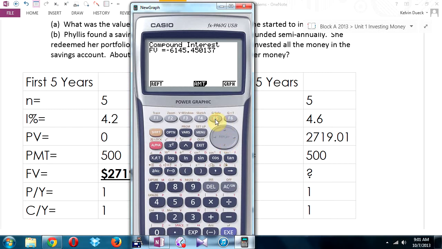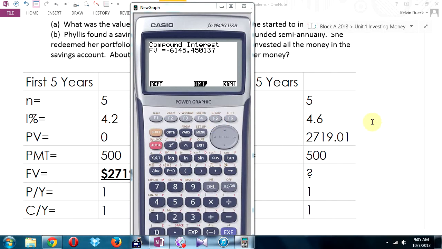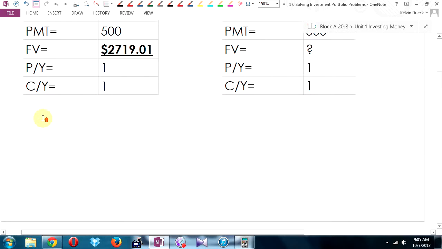And I'm getting $6,145.45. Let me just double check. Pause for 1 second. Okay, we're back. I think the textbook is using a spreadsheet, but I'm not convinced they're doing it correctly. So I'm going to go with this here, $6,145.45. So was that a part A?